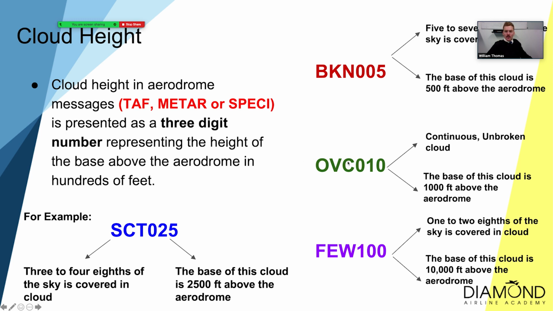OVC010, overcast cloud, 8 8ths of the sky covered, cloud base 1,000 feet above aerodrome level. BKN005, broken cloud, so 5 to 7 8ths of the sky covered in cloud at 500 feet above the aerodrome.